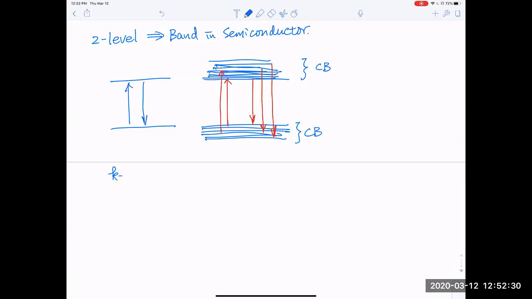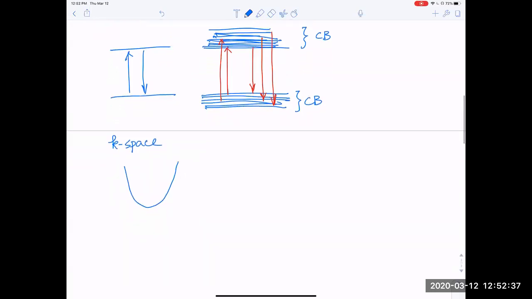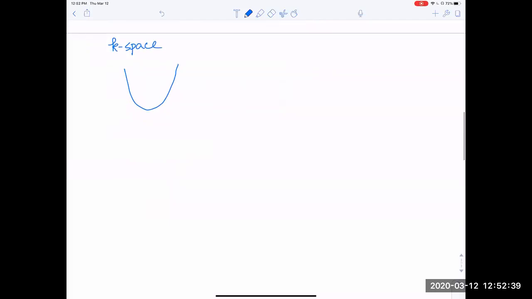So in the K space, we have the conduction band, which is represented by a parabolic curve, and the valence band, represented by a similar curve. This is K. And we will be looking at, for example, a particular photon energy, let's say the photon energy corresponding to this transition here.